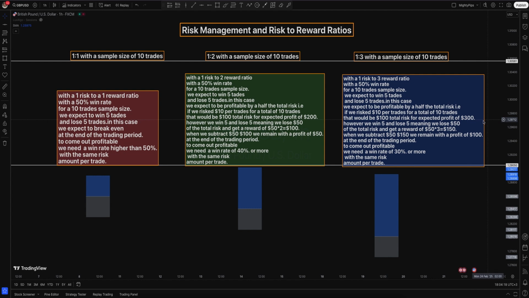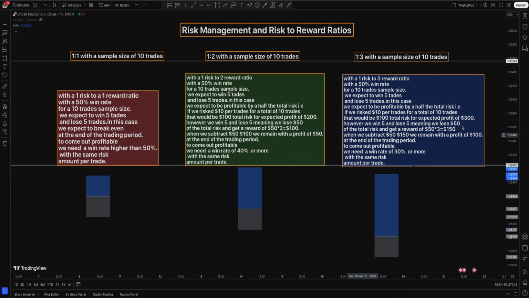However, you don't win all the $300. What happens is that you win 5 trades, you lose 5 trades, meaning you're losing the same $50 that you lost in the first and second examples. The risk is the same, $50, but the reward is what is changing.